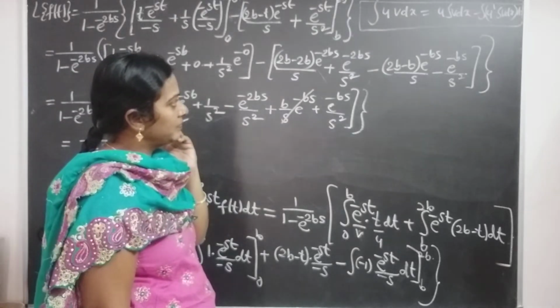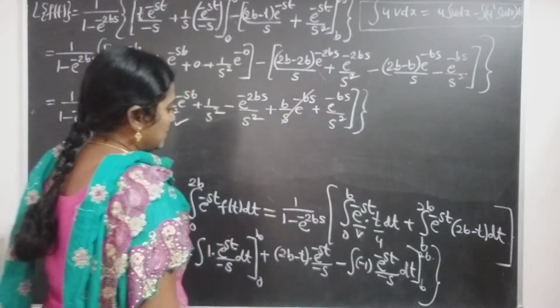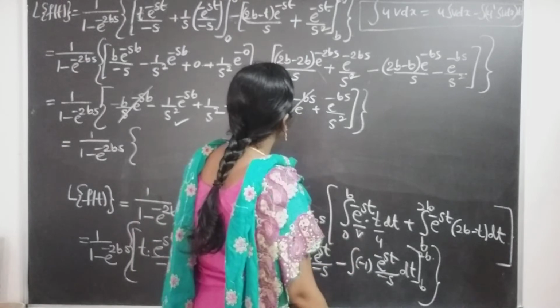It's minus upper limit. Here minus into minus plus, plus into minus minus.